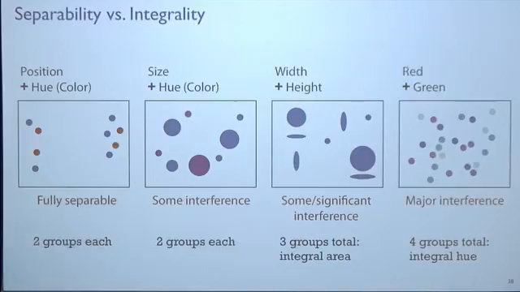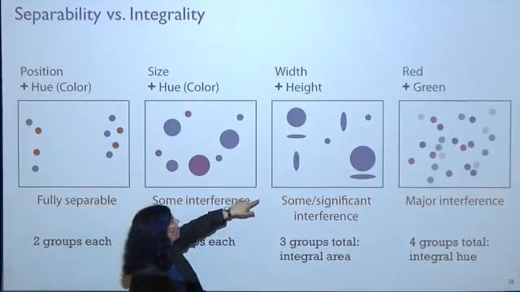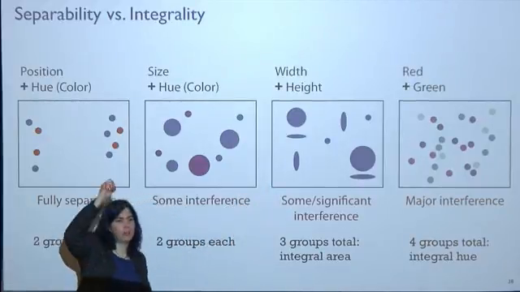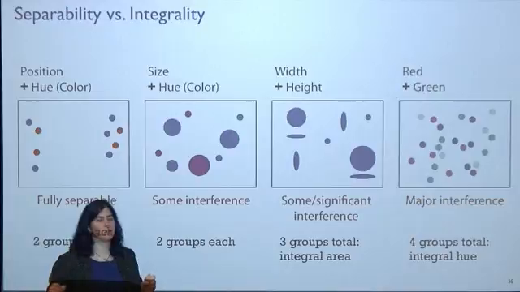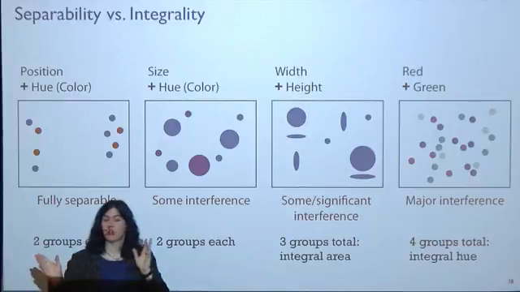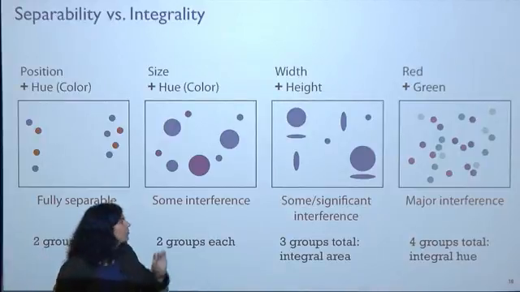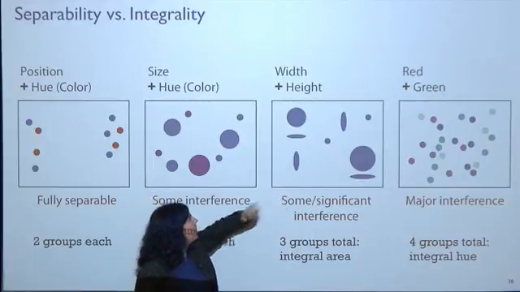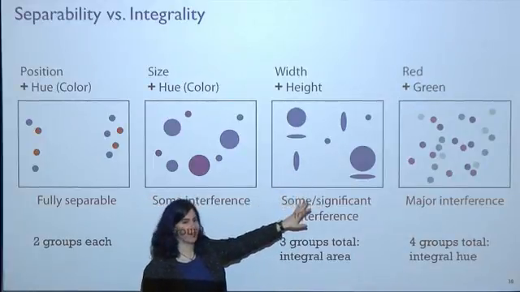Now, what about here? Here's where life starts getting worse. I've tried to separately use horizontal length and vertical length to encode information. That sounds good if you think there are two different attributes encoded with two different things. But it turns out our brains are doing something integral with this, and what we end up perceiving is area.